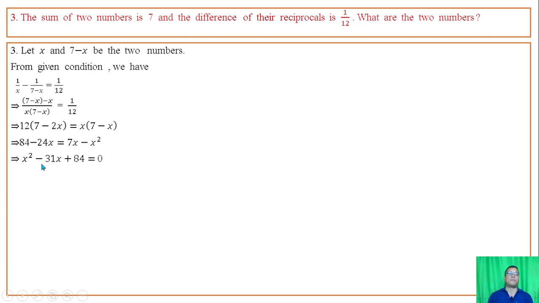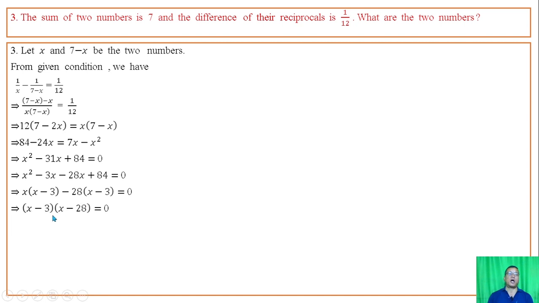Splitting the middle term minus 31 into two numbers whose product is plus 84, the possible numbers are minus 3 and minus 28. Their sum is minus 31. Minus 3 into minus 28 is plus 84. Taking x from the first two terms, we have x times (x minus 3), and minus 28 from the last two terms, we have (x minus 3).